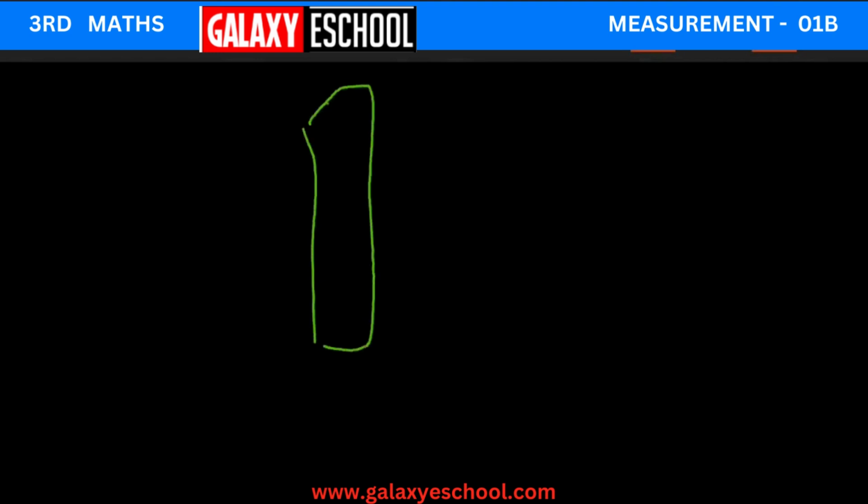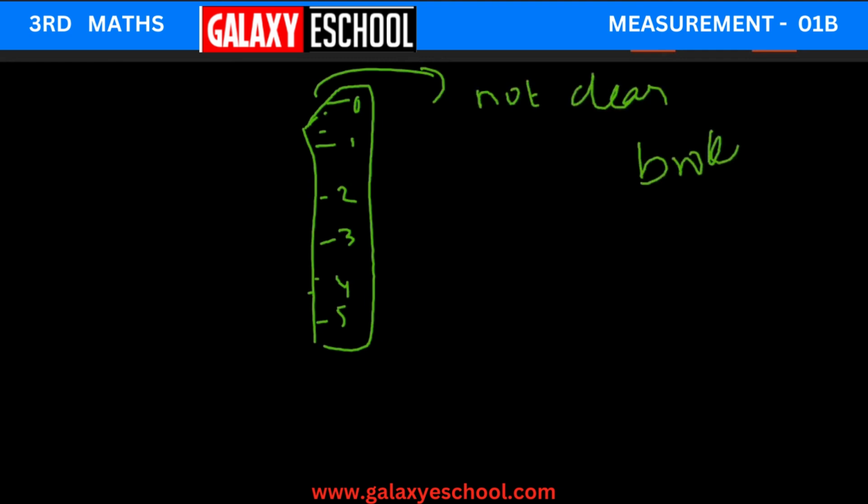You have a scale like this. Here it was 0, then 1, 2, 3, 4 and 5 centimeters. Now here the starting point, that is the 0 centimeter, is not clear. It is broken. So when you are using such a scale, how to measure?